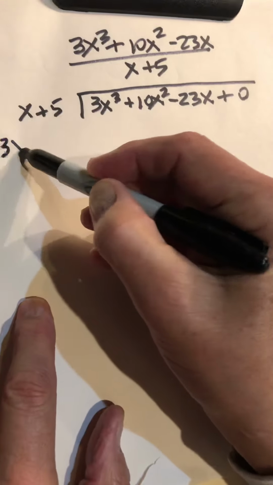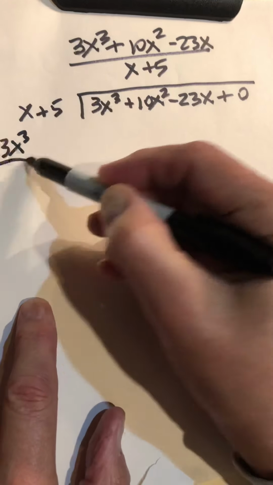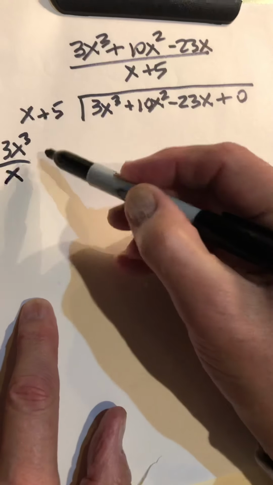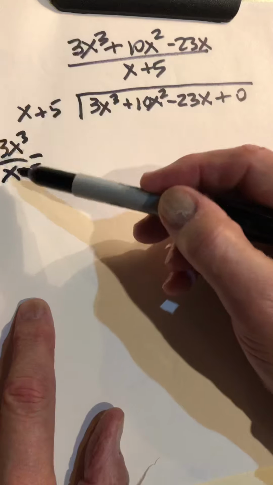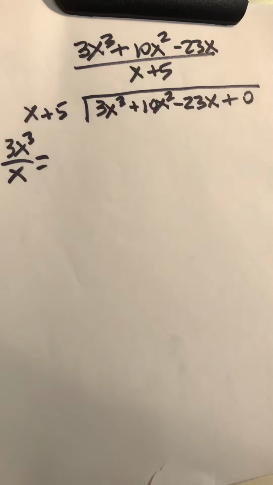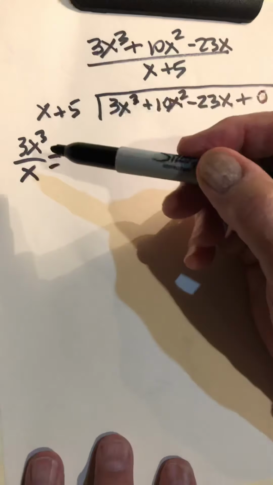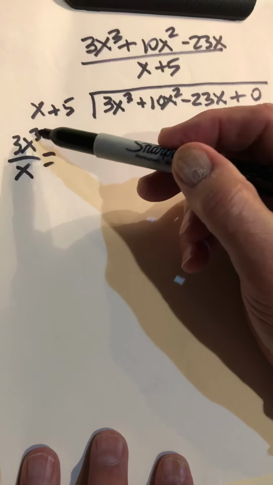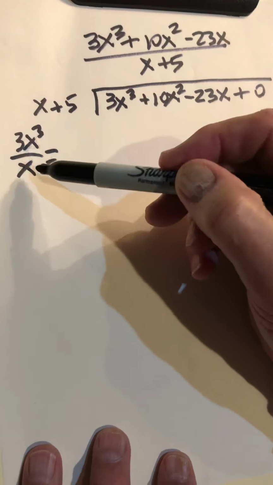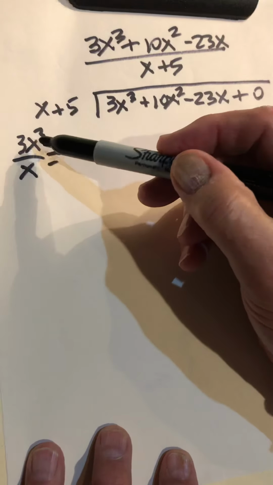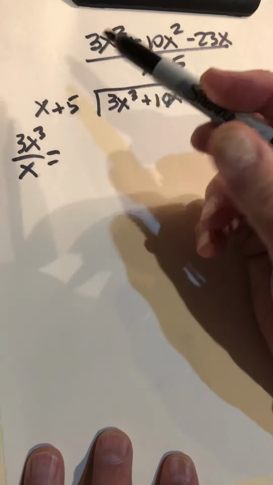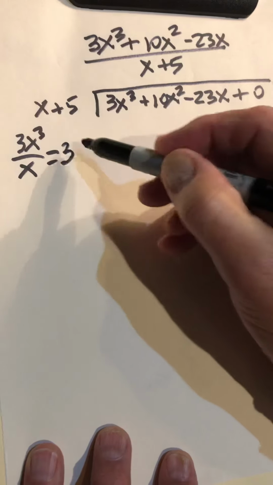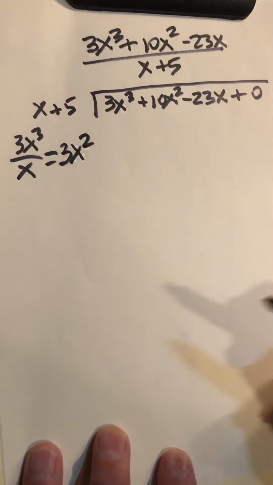I can write that over here and do a little separate division, divided by x. And you remember when you're dividing terms like this, you want to think of this as x cubed, or xxx, divided by x. And x cubed divided by x is x squared. So this is 3x squared.